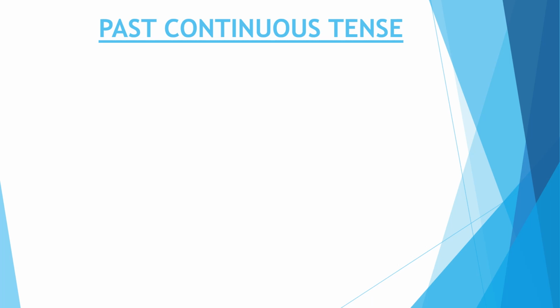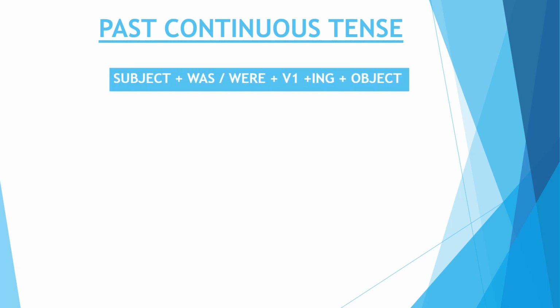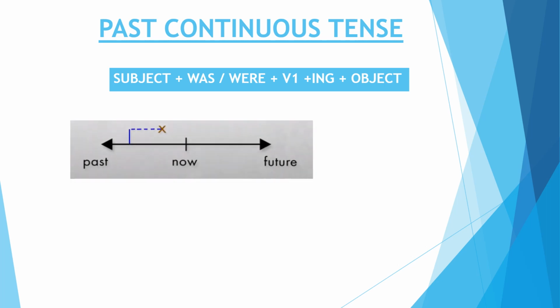Past continuous tense. Past continuous tense indicates an action going on at some time in the past, or an action in the past that is longer in duration than another action in the past. How? This is one action and this is another action.